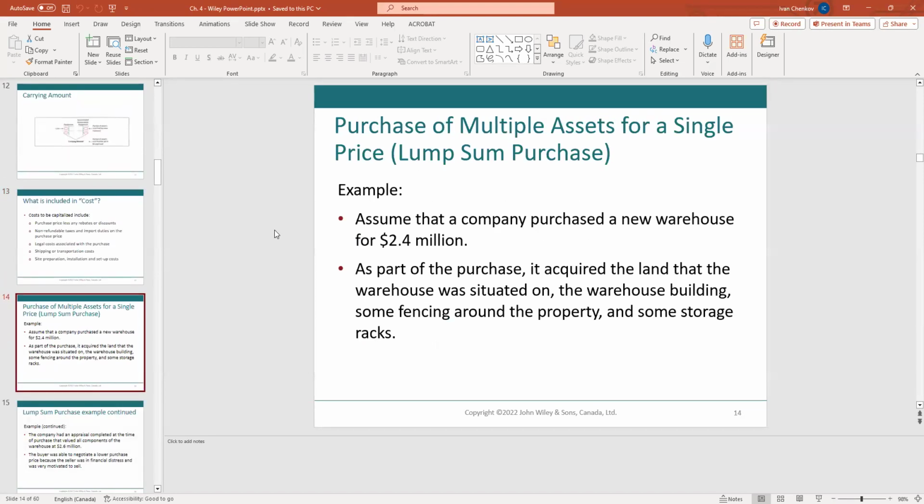Let's see this example. Now, let's assume that the company purchased a new warehouse for $2.4 million. As part of the purchase price, the company also acquired the land that the warehouse is going to sit on, the warehouse building, and some fencing around the property, some storage.